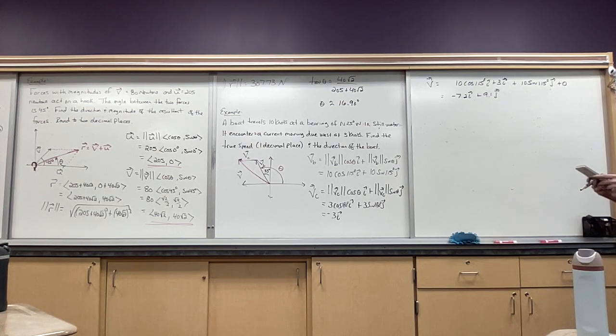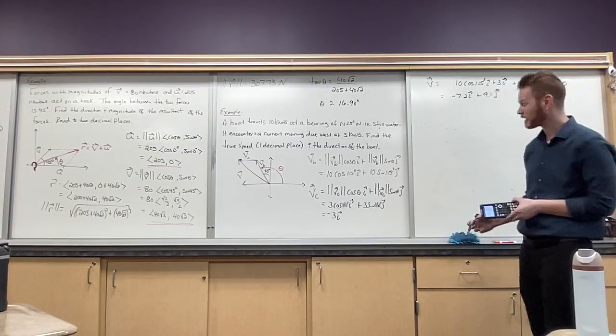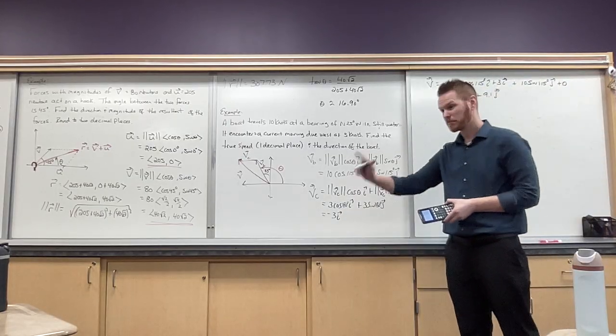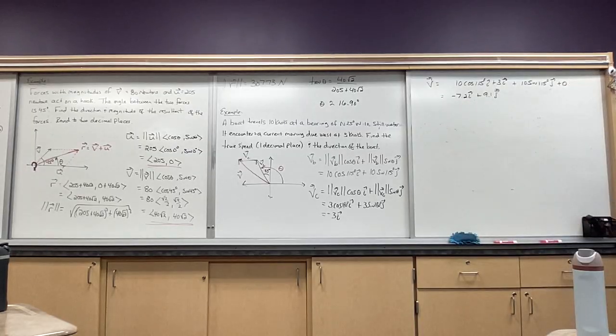Huh, I still get negative 7.2. So somehow my brain was okay with the 180 part, but thank you for catching it though. So we still get negative 7.2. So that's still on track. All right.